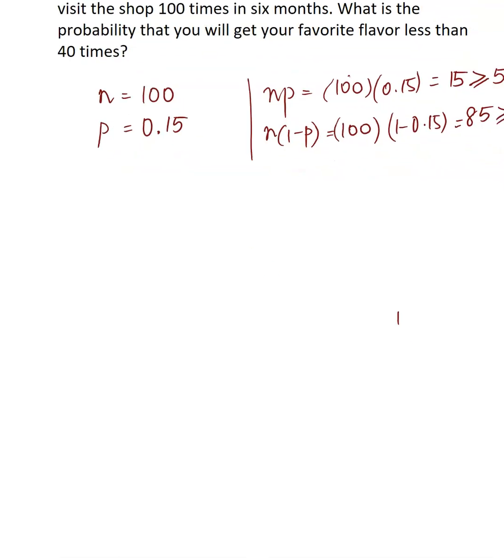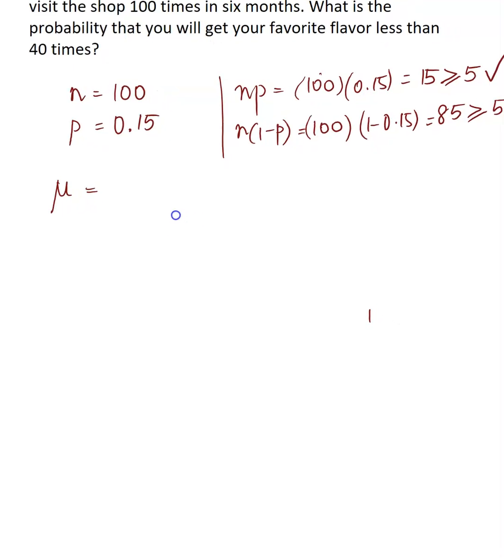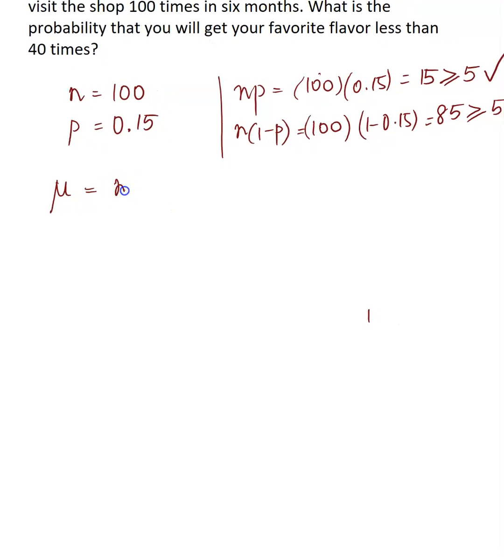We can approximate the binomial to a normal. So mu will be np, which is 15. It's just a coincidence in the sense that your mean formula and the requirement seem to be the same, so it's convenient that you have the calculations already.